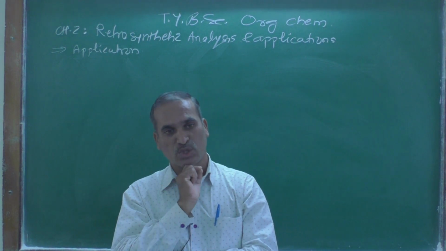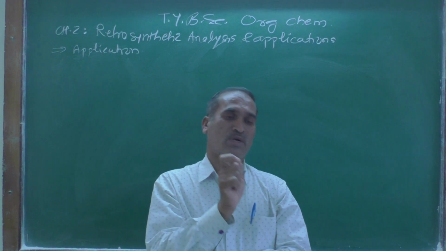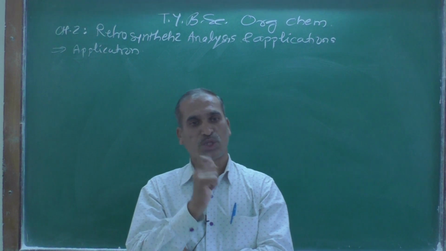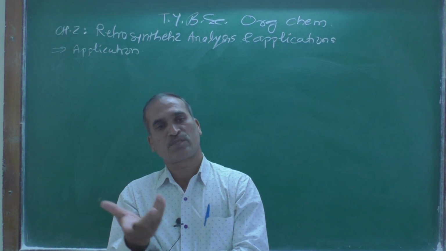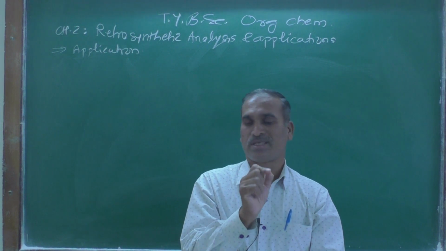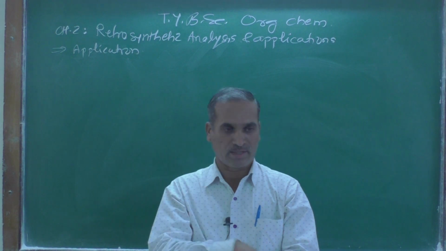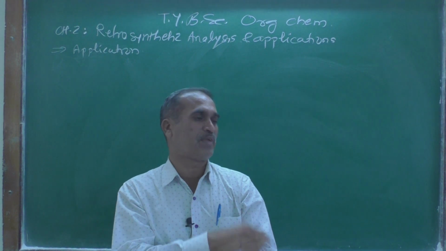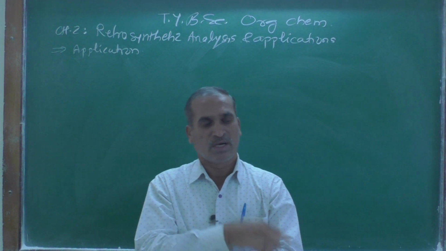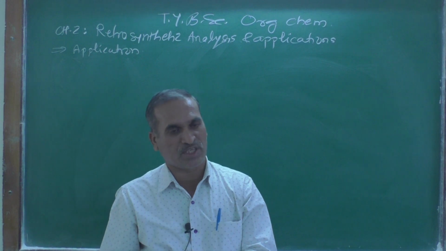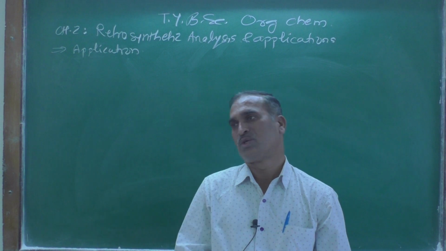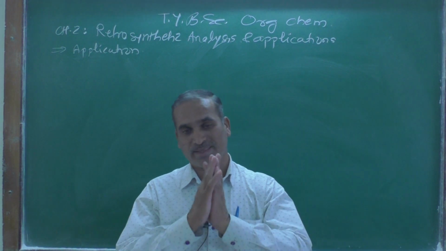After the disconnection, whatever positive and negative species are obtained are called synthons. And the sixth one is SE, which means synthetic equivalent. Synthetic equivalent means a reagent carrying out the function of a synthon. With the help of a suitable example, we have explained that term.